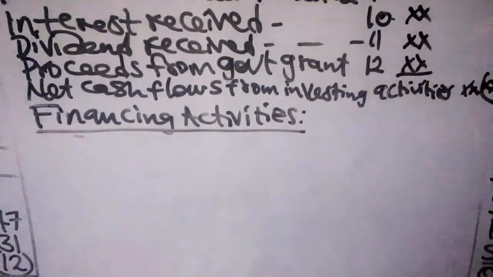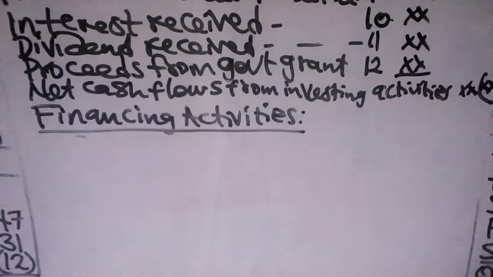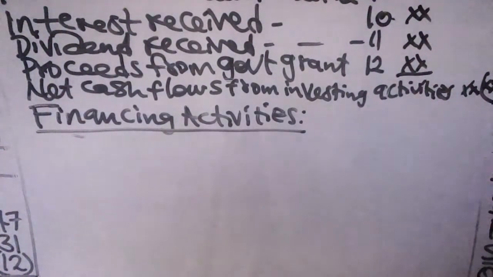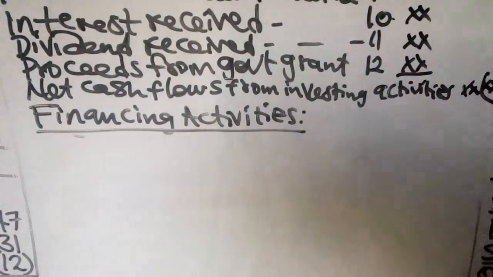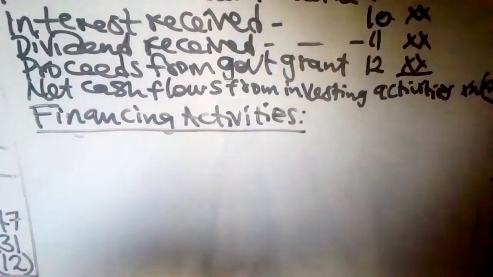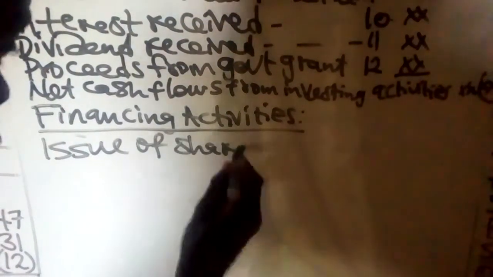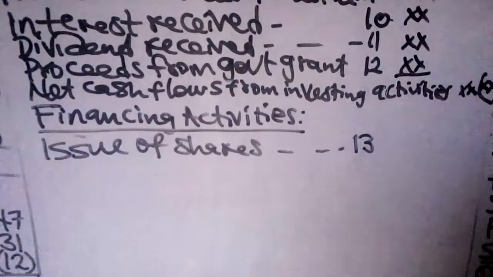Meaning that whenever you get to the financing section of the statement of cash flows, you are going to deal with the movement in equity. The movement in equity may result in issue of shares and debentures. So you start with issue of shares. That will be determined using the format in note 13.